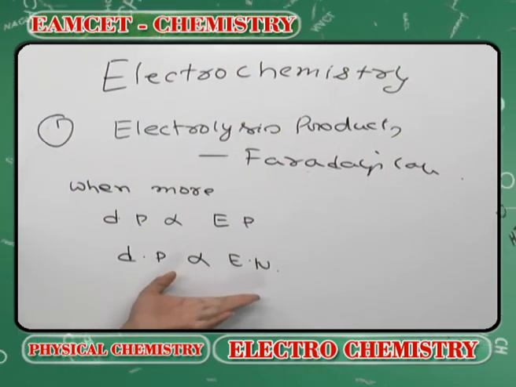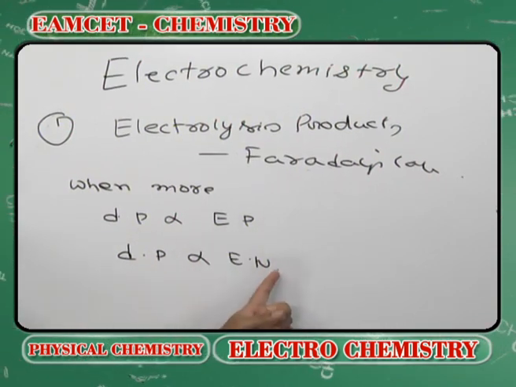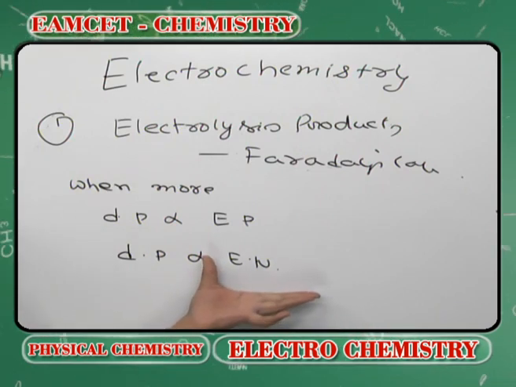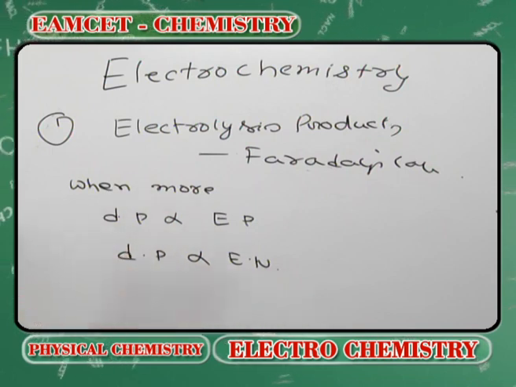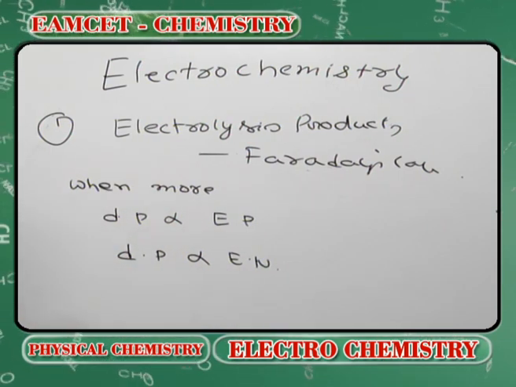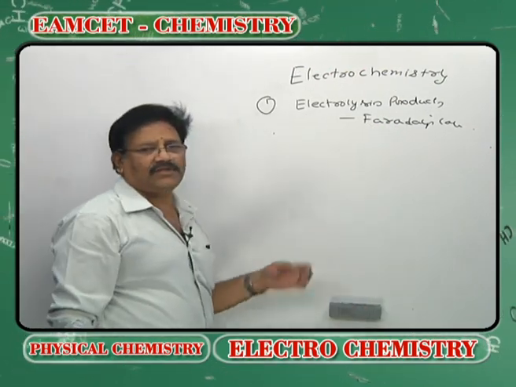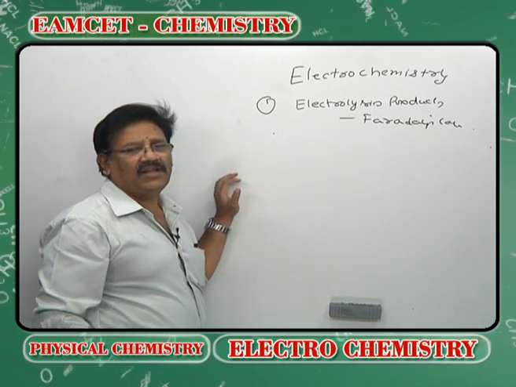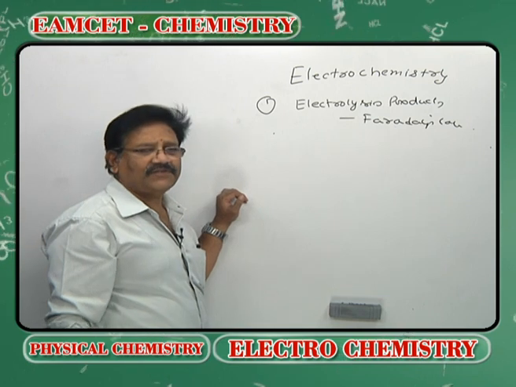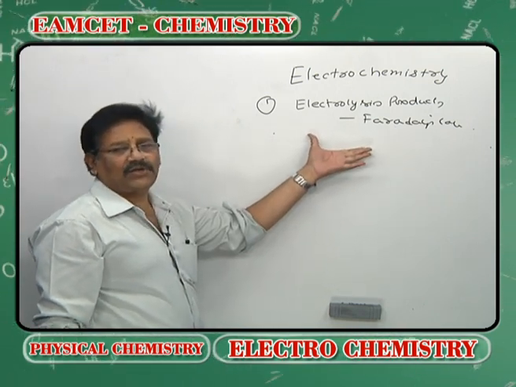Higher the electronegative character, higher will be the discharge potential and more difficult for such ions to get discharged. This is the basic point we have to remember. When more than one ion reaches the respective electrode, the ion with low discharge potential gets discharged in preference to the other ion. That is the first point to be remembered when we are employing inert electrodes.